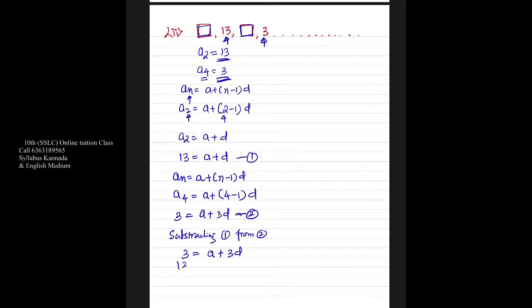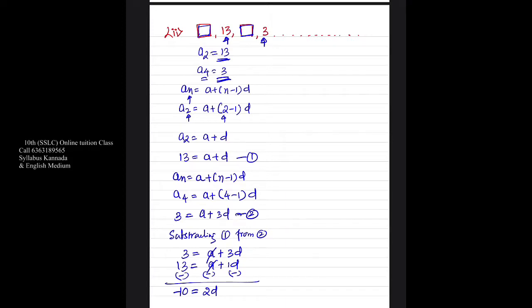First equation is 13 is equals to A plus D. ನೋಡಿ ಇಲ್ಲಿ ಮೈನಸ್ ತೊಗೋತೀನಿ ಸೆಕೆಂಡ್ ಇಕ್ವೇಷನ್ನಲ್ಲಿ, ಅವಾಗ ಏನಾಗುತ್ತೆ, A ಕ್ಯಾನ್ಸಲ್ ಆಗುತ್ತೆ. ಸೊ 3 minus 13 is minus 10, minus 10 is equals to, ನೋಡಿ 3D minus D, ಏನಿಲ್ಲಂದರೆ 1 ಇರುತ್ತೆ. 3 minus 1 ಅಂದರೆ 2D.